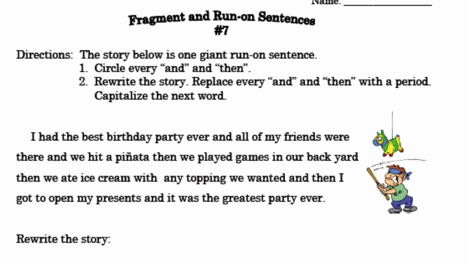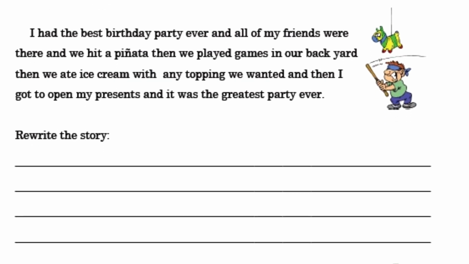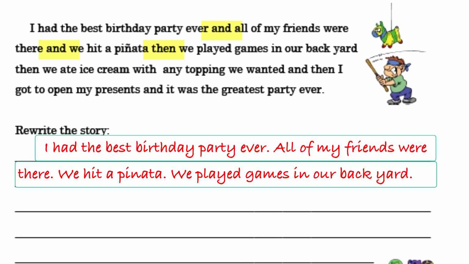It's a very common mistake for emerging writers to put and or and then. They really just need to put a period. So I always tell them that the period means and, or the period means and then. The reader knows you're moving on to a new idea when you put a period. So they just need to get confidence knowing that putting a period does tell the reader you're moving on to a new thought.